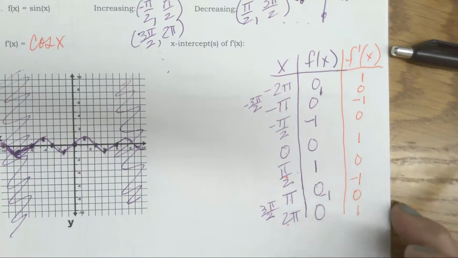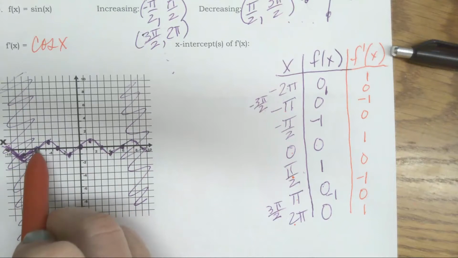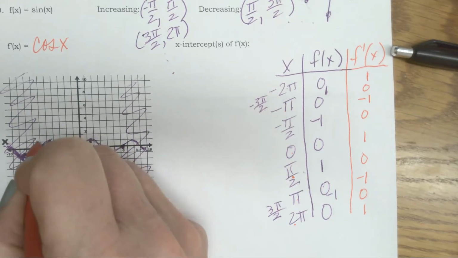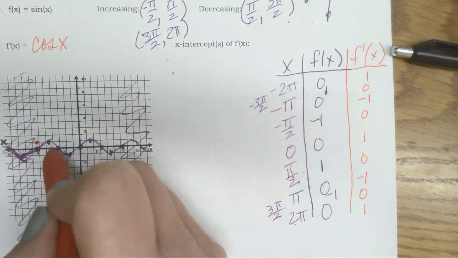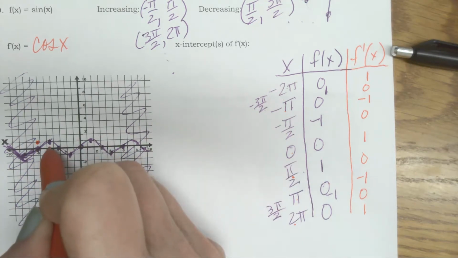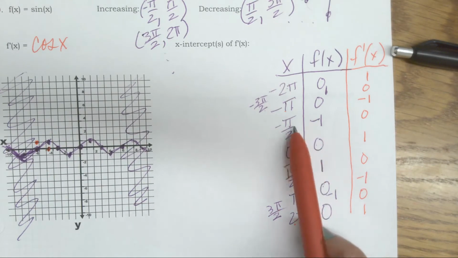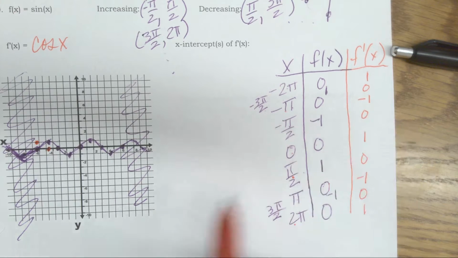So let's do that sketch again. I'm going to do mine in red. So at negative 2 pi, this one is 1. And at negative 3 pi over 2, it's 0. And at negative pi, it's negative 1.